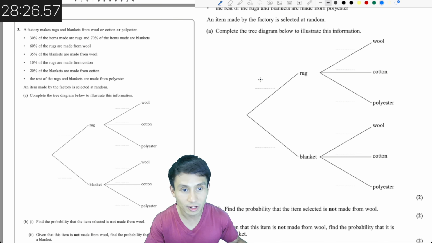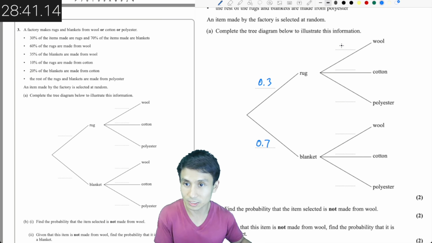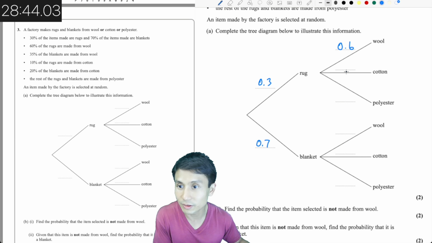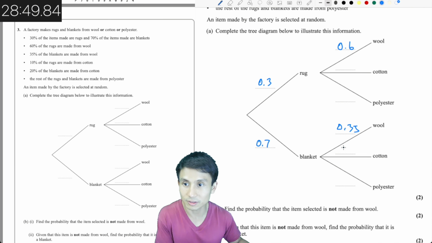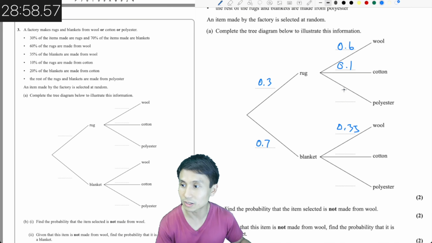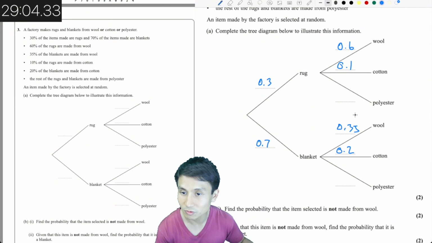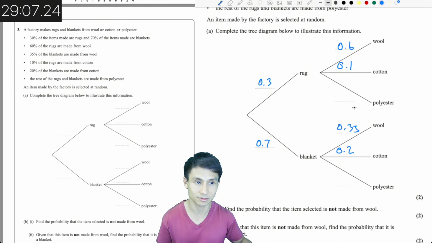So we have 0.3 and then 0.7 here. 60% of the rugs are made of wool, so 0.6 here. 30% of the blankets are made of wool. 10% of the rugs are made of cotton. 20% of the blankets are made of cotton. The rest of the rugs and the blankets are made from polyester.